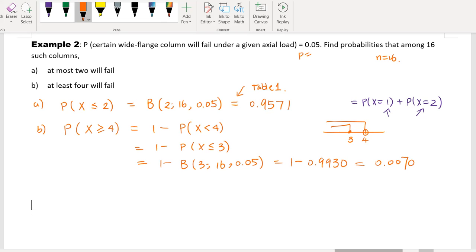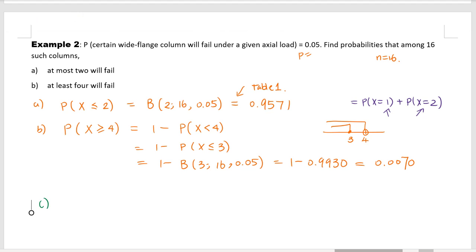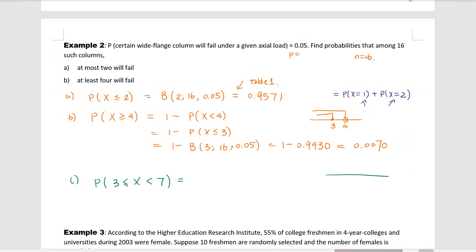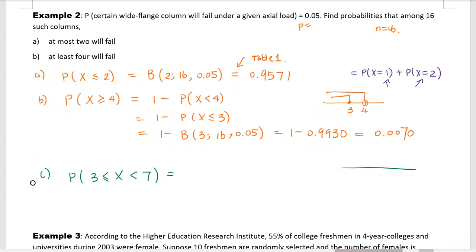So this is part A and part B. Okay, let me ask you more questions. Let's do part C. Find the probability of, let's say we have 3 less than or equal to x less than 7. In general like this, you want to draw the real number line. 3, you want to include the 3, and 7, you don't want to include 7.